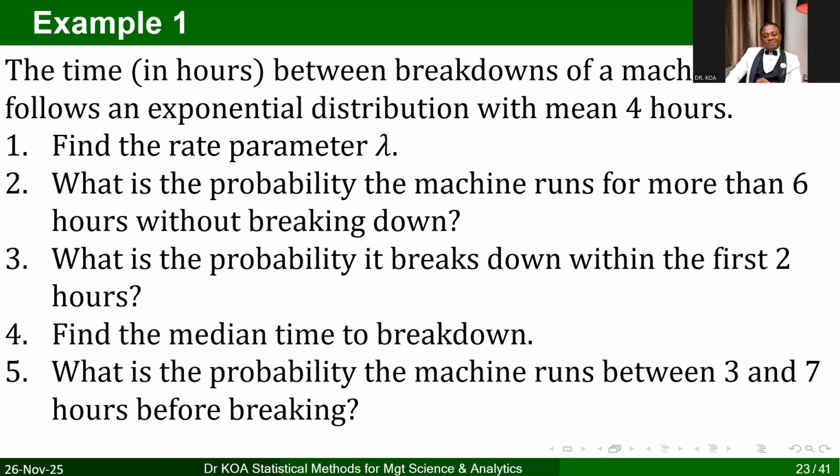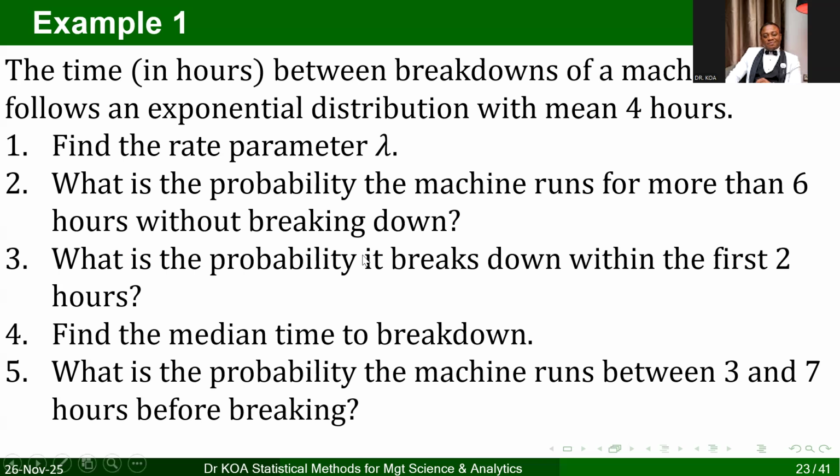These are quick answers. 1 over lambda. Is 4 equals to 1 over lambda? So it will be 1 over 4. Exactly. 0.25. Exactly. So that one, no qualms about that.